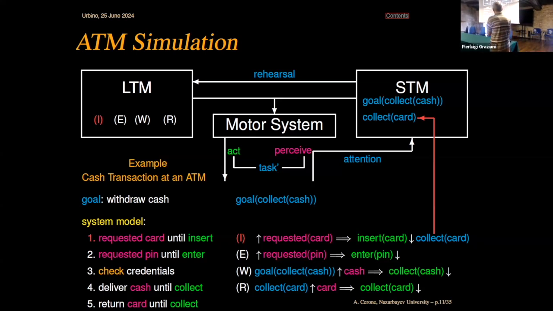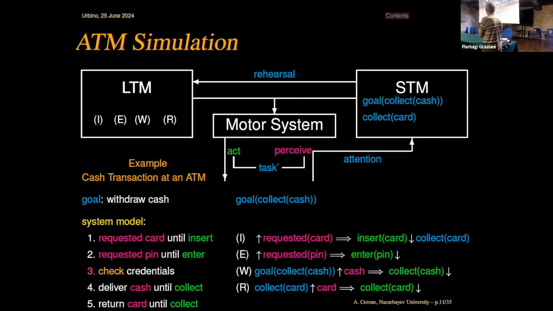Then the second thing, after we have inserted the card, the ATM moves to this state. So what happens is that we see a request for a pin. Now this is our rule in long-term memory which is enabled. So we enter the pin, and once the entering of the pin is detected, the ATM moves to the third state.